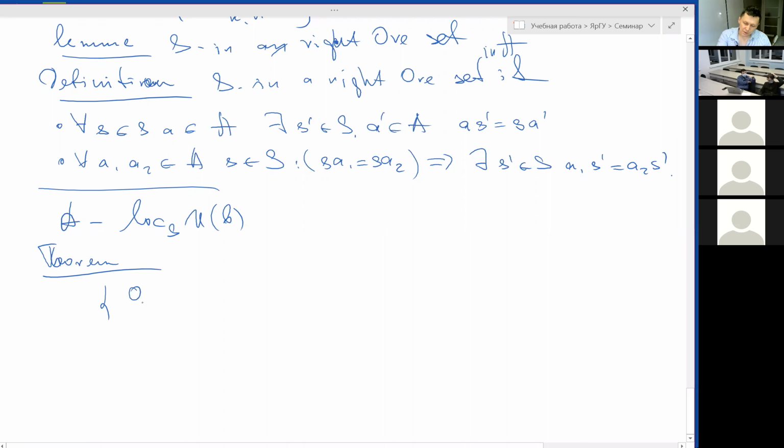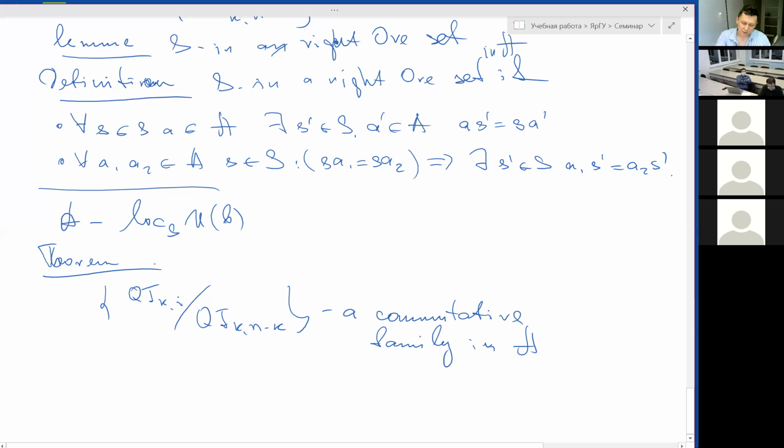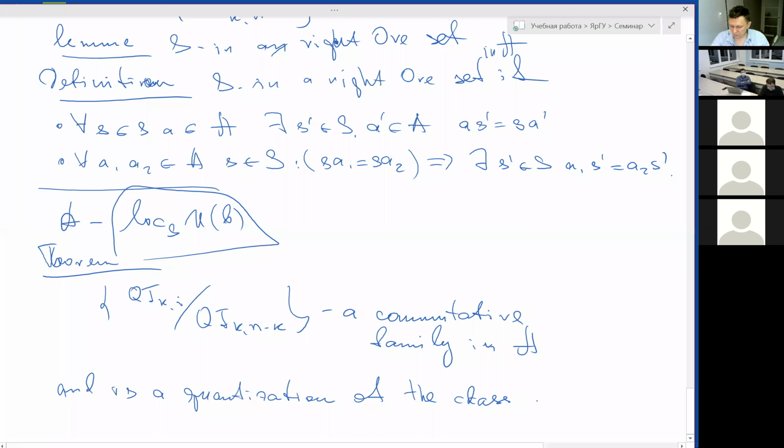The set Q_i K_i, K from 1 to n minus K, is a commutative family in this localized algebra, and is a quantization of the classical full Toda system.